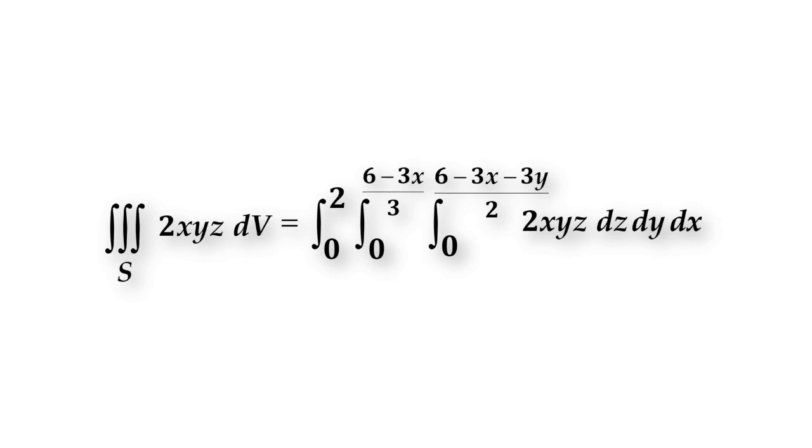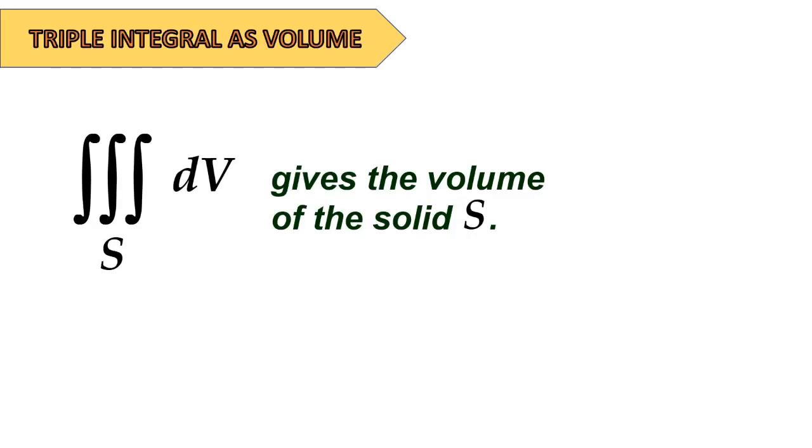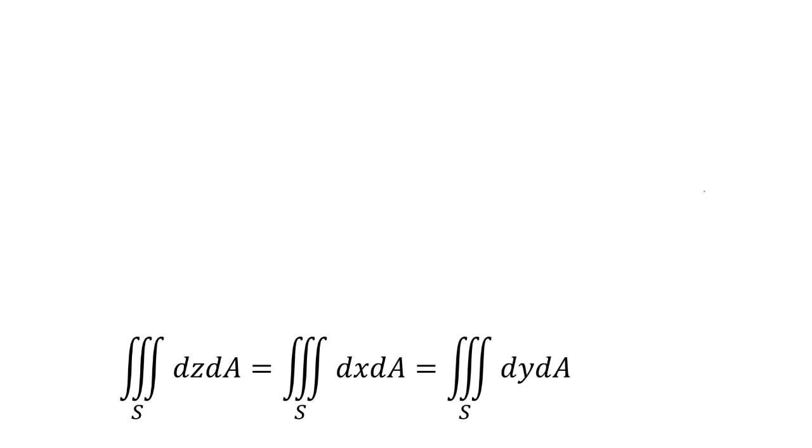Check your answers. Okay, lastly, a triple integral of this form gives us the volume of the solid S. We can write it this way so that we can see that it is just getting a volume by multiplying the area by the height or thickness of the solid.